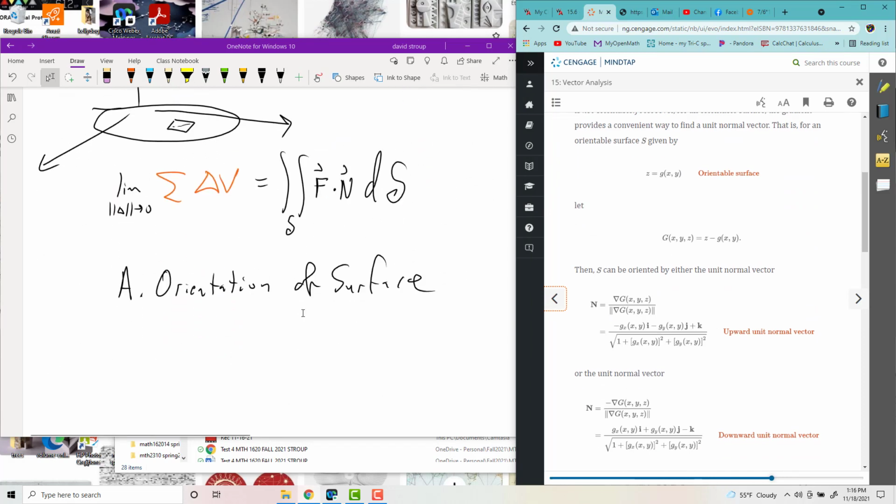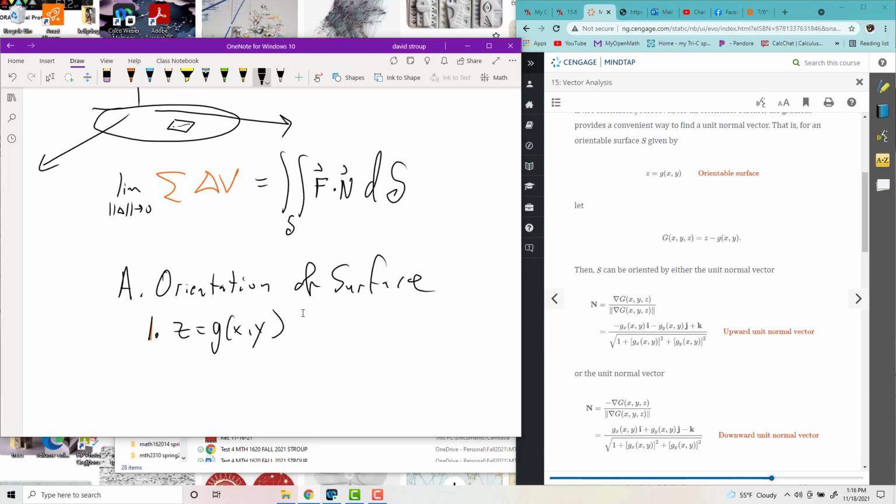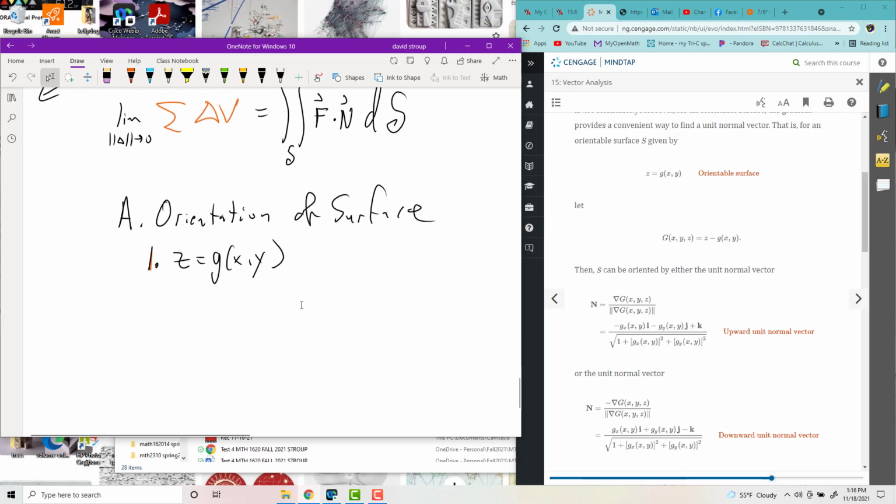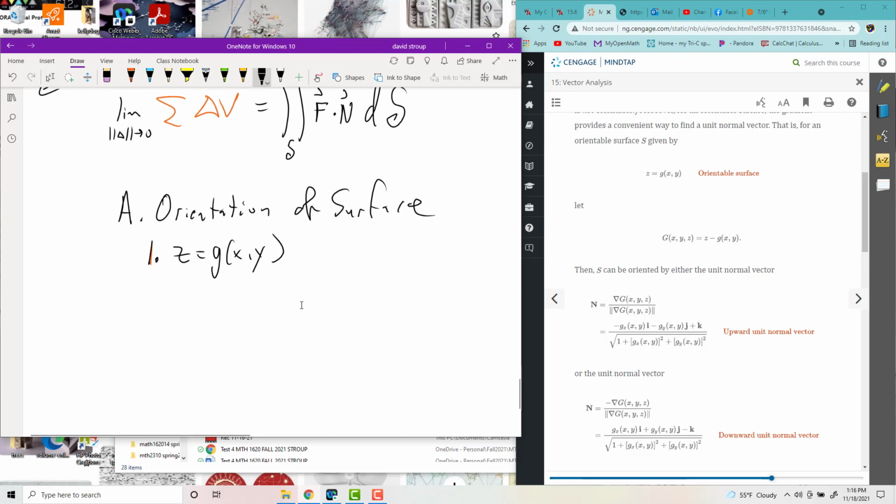Okay, so orientation of surface, part 1, we want to deal with z equals, and the book is going to call it g of x, y. The first thing you have to do, just like what we did when we were building tangent planes for these surfaces, is rewrite your equation as z minus g of x, y, and then give that a new name, big G of x, y, z. Then the normal vector there will just be the gradient.